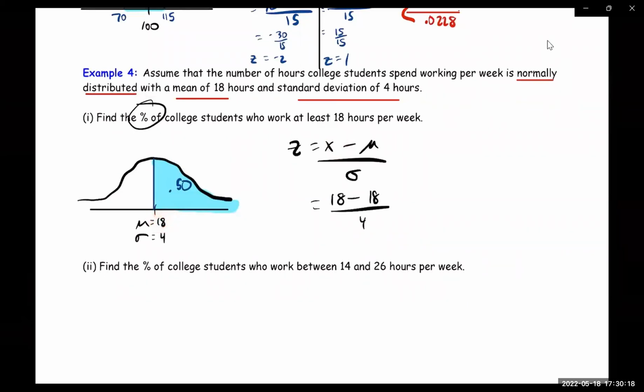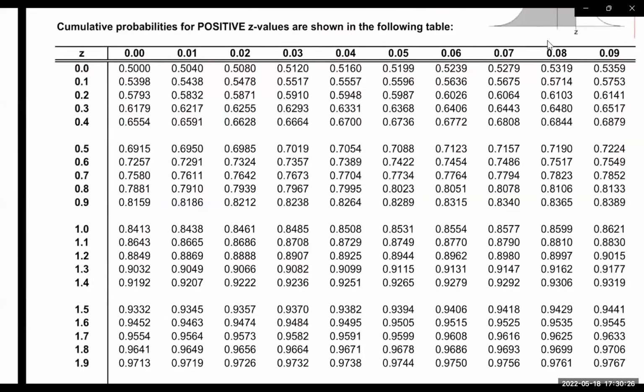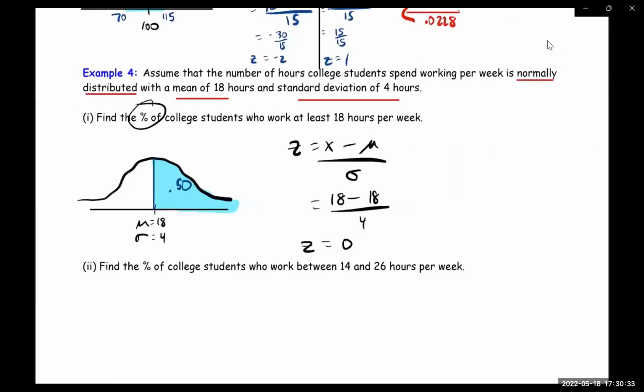The standard deviation is 4. 0 divided by 4 is 0, so your z-score is 0. If you go to 0, it's 50%, so you get the same answer.